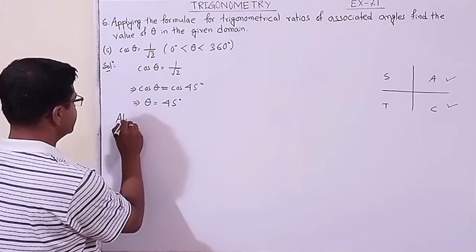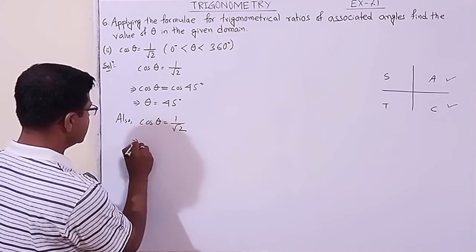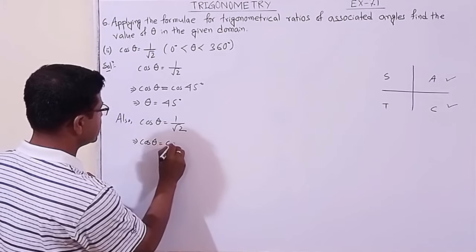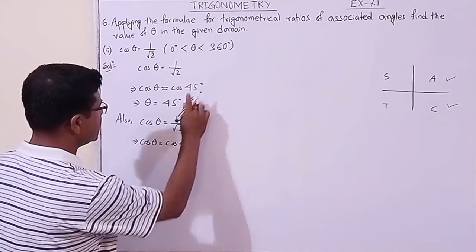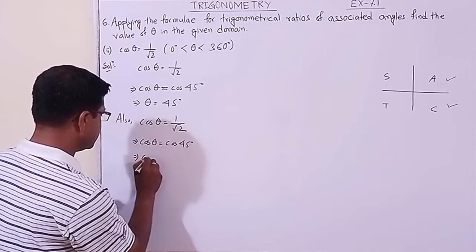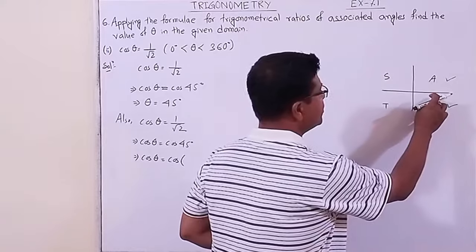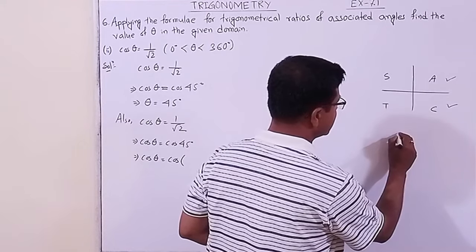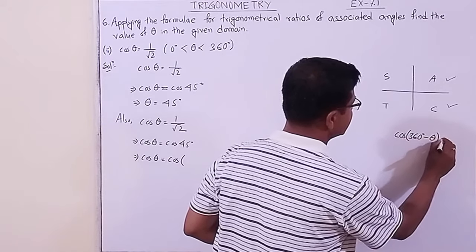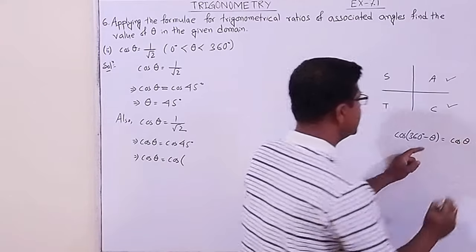Also, cos theta equals 1 by root 2, which is cos of 45 degrees. Just like this we have to reach the fourth quadrant. I will explain how we can reach the fourth quadrant. Cos of 360 minus theta: this is an even multiple of 90 degrees, so obviously it is going to be cos theta.